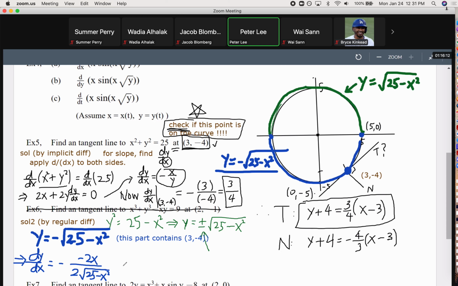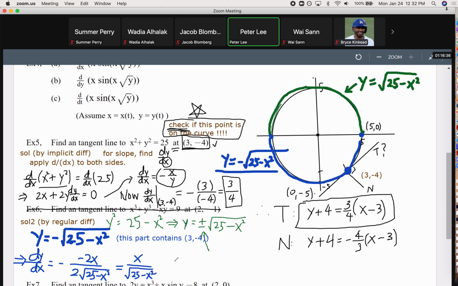So what we end up getting is x over the square root of 25 minus x squared.